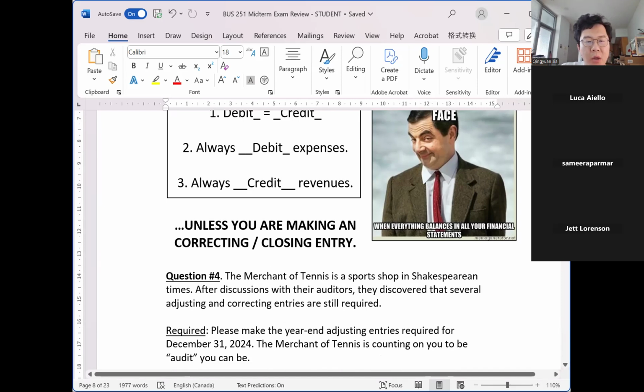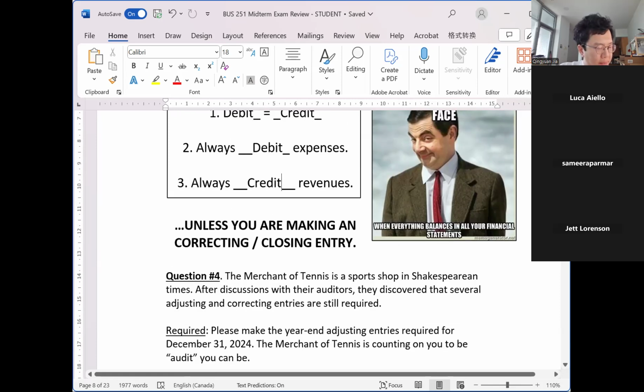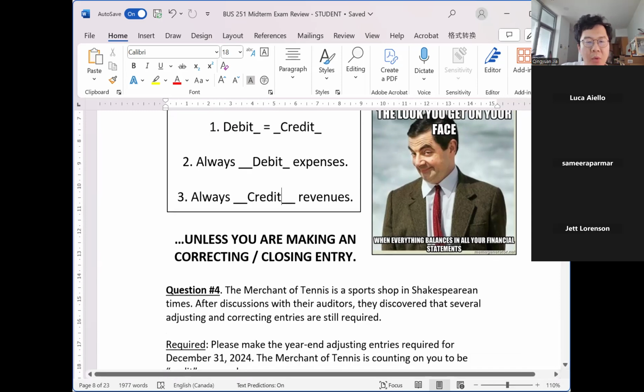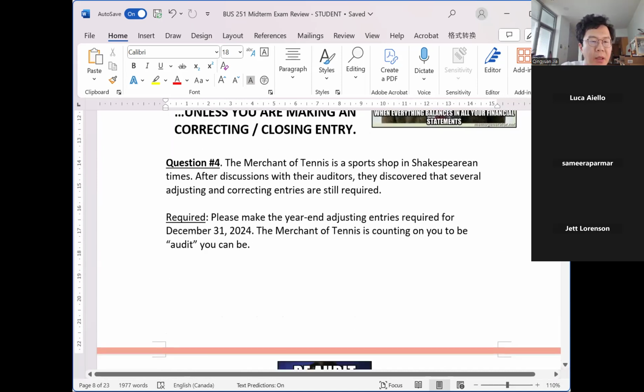We will credit expenses and we will debit revenues. And for these closing entries, we do this because we are trying to clear out the revenue and expenses, and we will put this into income summary. That's how we do the closing entries. And let's have a look at question number 4.